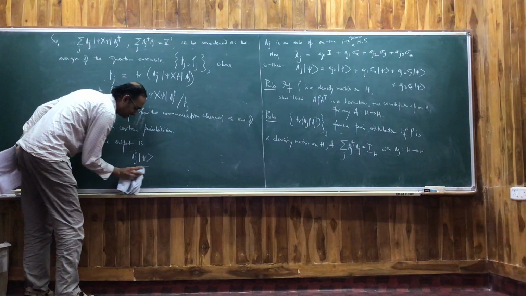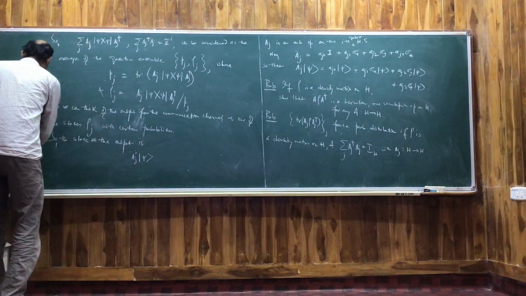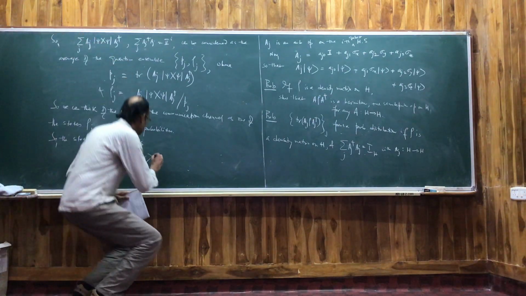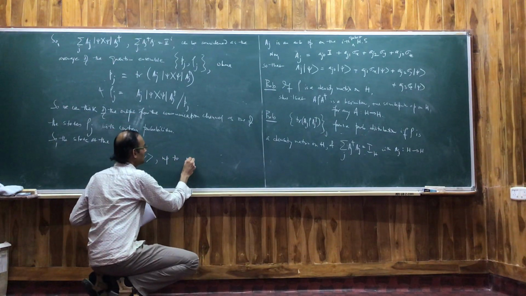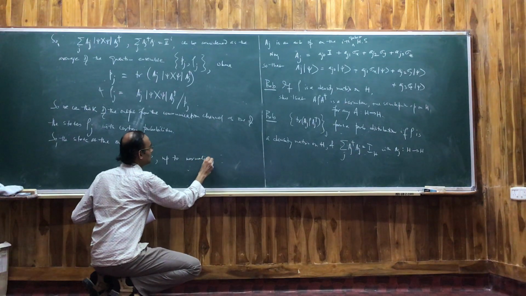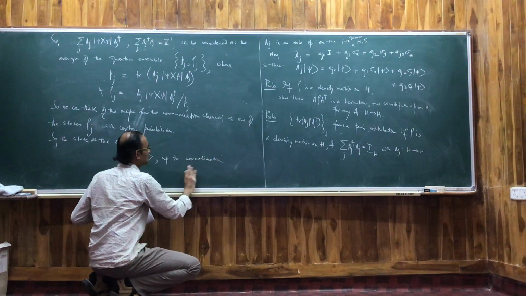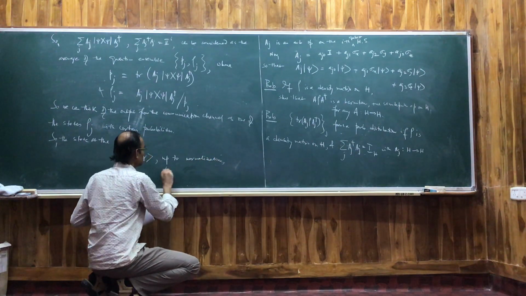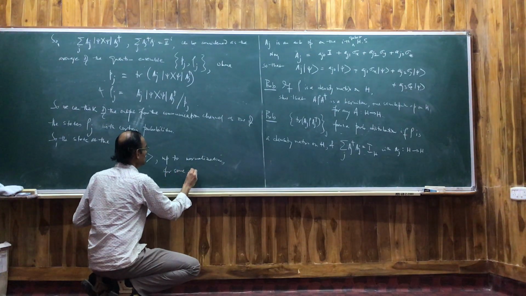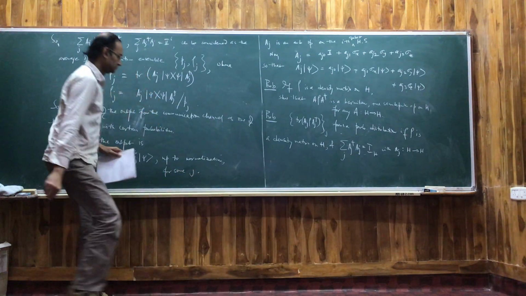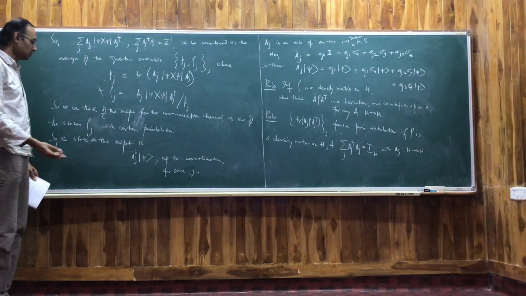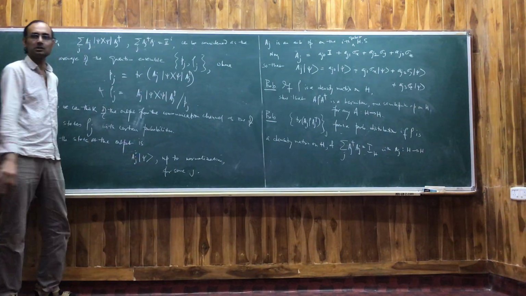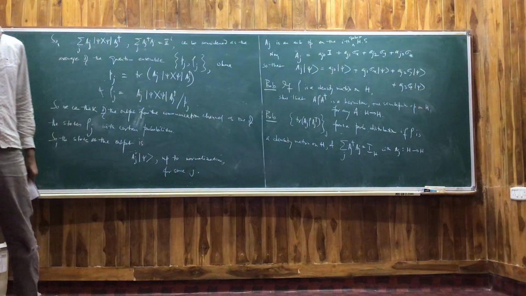So I ignore the Pj as well, it will not be important. This is up to normalization for some j. So one of these will appear for some j.